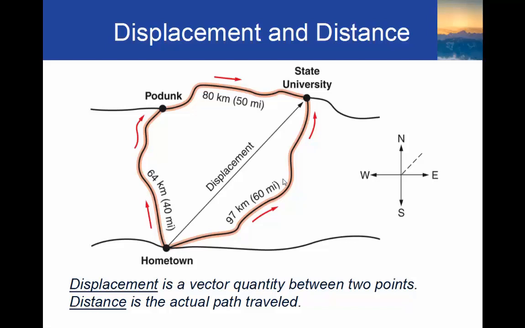Even if you do pull off the road, you could still add that to the total distance traveled. This path length kind of makes it look like you never actually pull off the road though. So distance is just how much your odometer is going to increase by. Displacement is, you could think of it as when you're standing here at your destination, how far away and in which direction are you from where you started from.